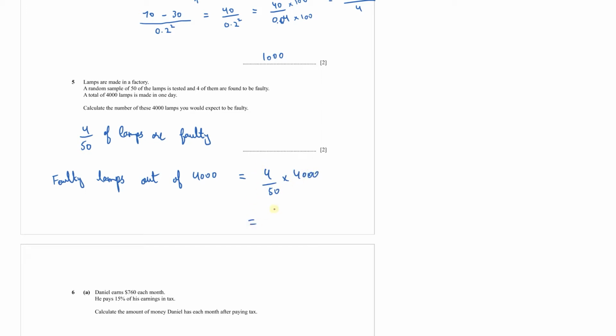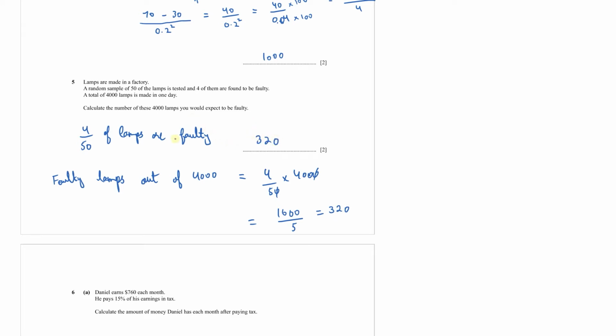So 4 by 50 multiplied by 4,000. So you can cancel out the zeros, and then 400 times 4 is 1600 divided by 5, which is 5 threes are 15, 1 carry becomes 10, 5 twos are 10, 320. So your answer is 320.